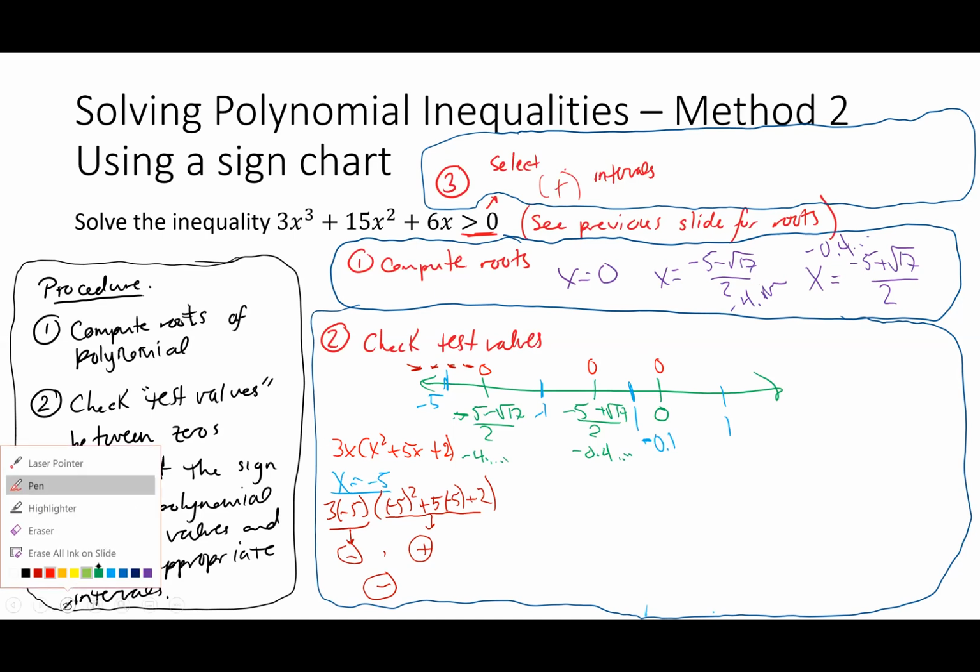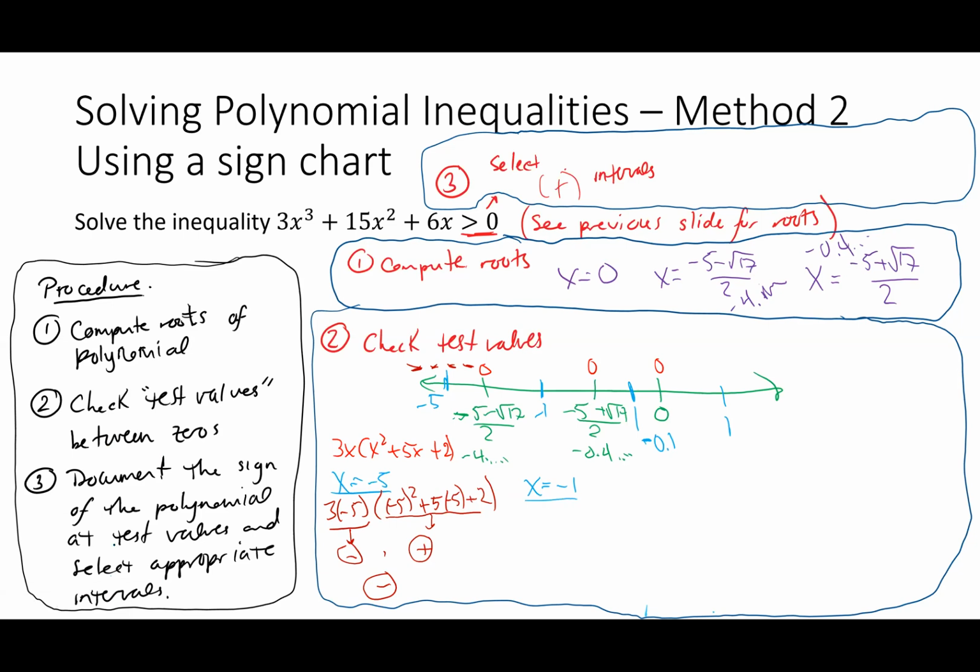Now let's check -1. All right, so I'm going to use green for that. So let's plug -1 in. So I get 3 times -1.